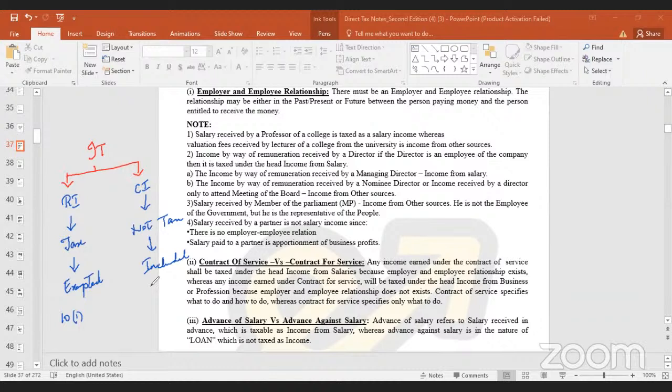Even though it is a capital asset, it is situated in a non-specified area. Assume non-specified area, as of now, means a non-urban area. It is going to be exempted. But the same capital asset, assume it is a site situated in an urban area, that's going to be a specified area.